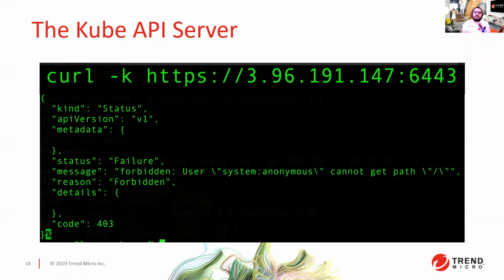So if I just make a curl request here to my API server, I get this response. Although that gives me a 403, a forbidden, since I don't have permissions, I didn't pass any authentication tokens, right? This already shows me that this is a Kubernetes cluster that's running there. So this is the default one.